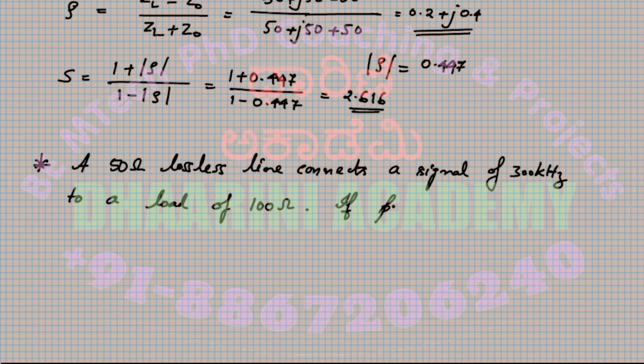If power delivered is 50 milliwatts, calculate part A of the question, VSWR.